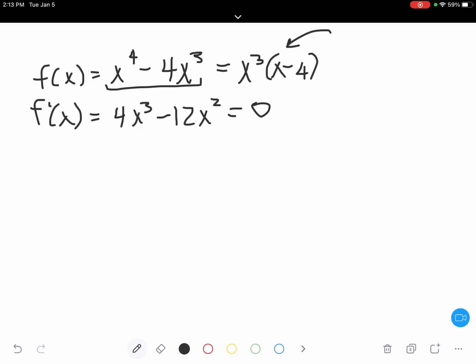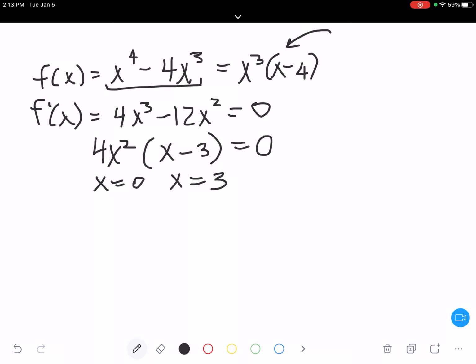And if I do that, I could factor out a 4x squared, and I'll have 4x squared times x minus 3. I'm setting that equal to 0. And the outside is equal to 0 when x equals 0, and the inside of those parentheses is equal to 0 at x equals 3. I also want to consider if f prime does not exist anywhere, and that's not happening here.